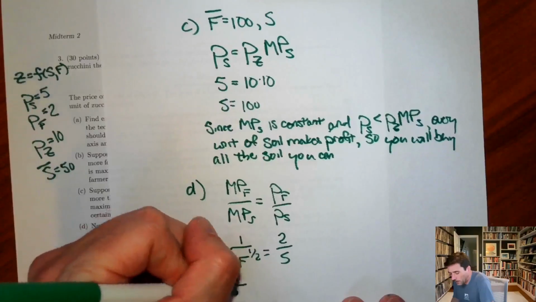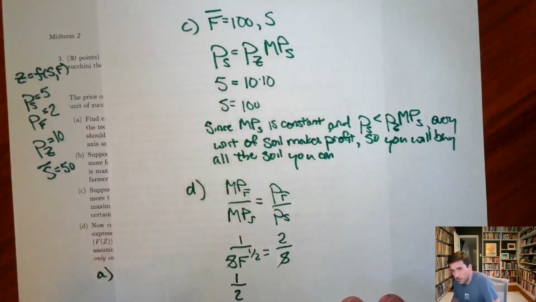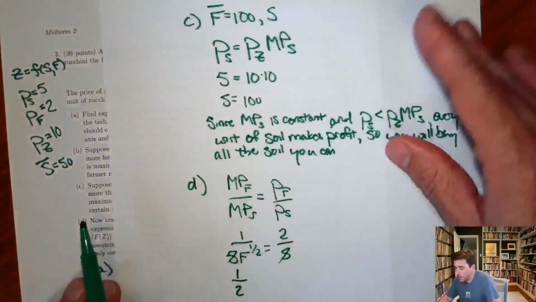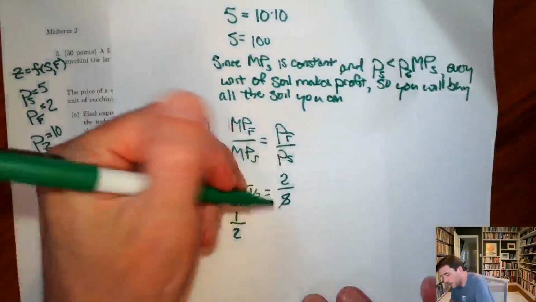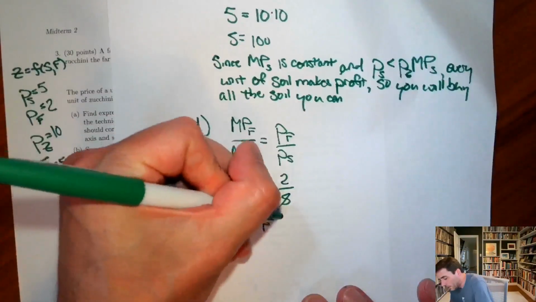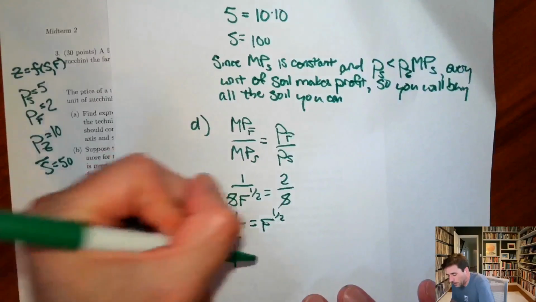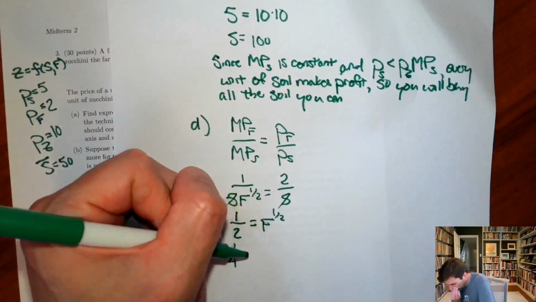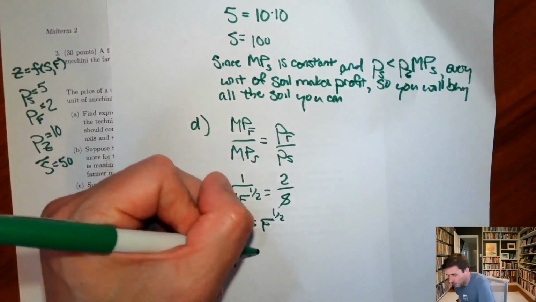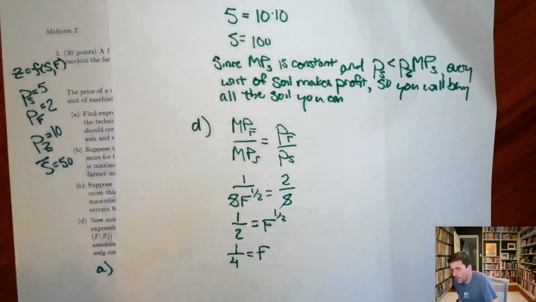Those 5s cancel. My 2 is going to end up in the denominator on the left-hand side. My F to the 1/2 is going to end up on the right-hand side. And when I square both of those, I just get 1/4 is equal to F, all right? Little unusual here that the other input isn't still in this expression. That goes back to this being one of these strange quasi-linear functions.